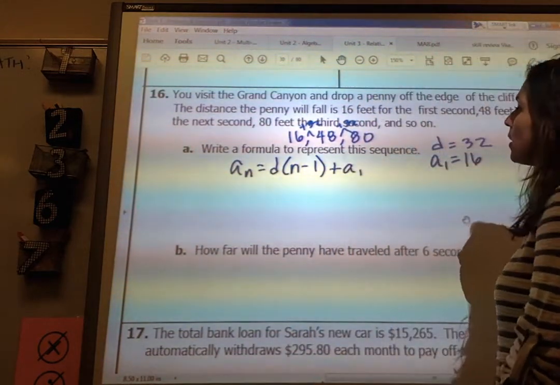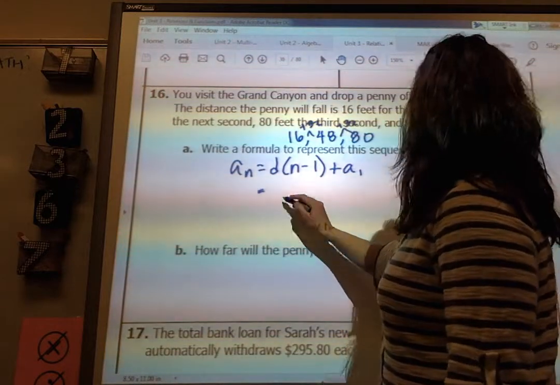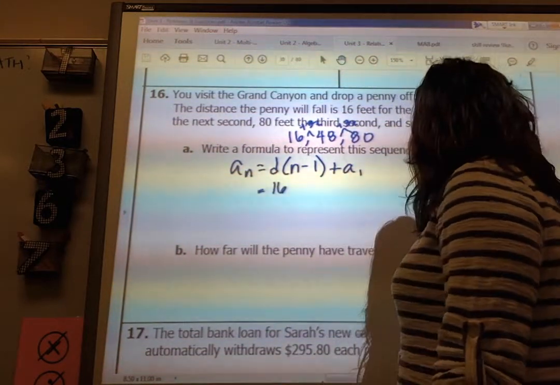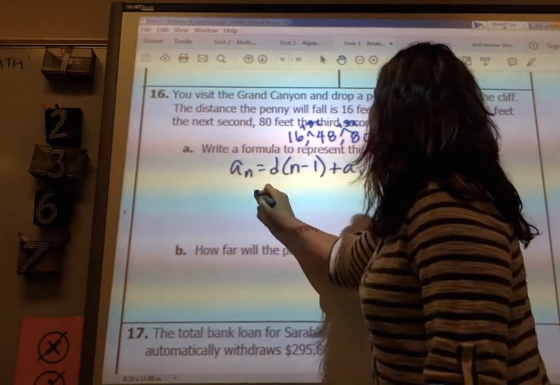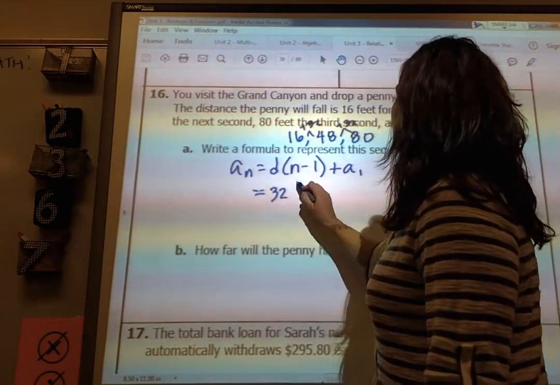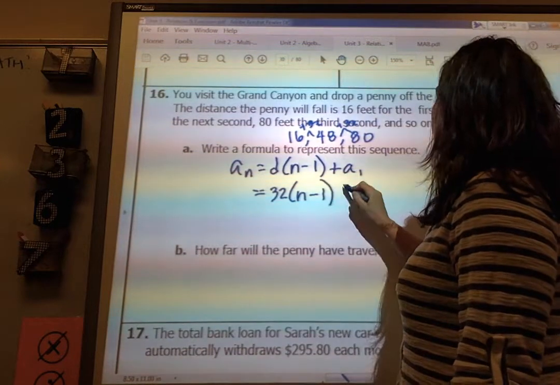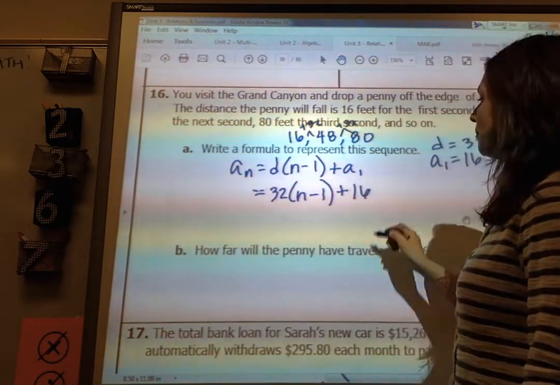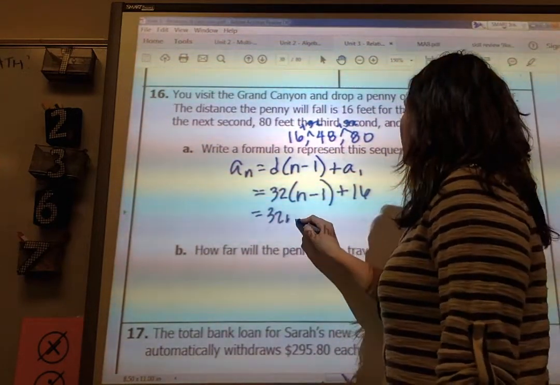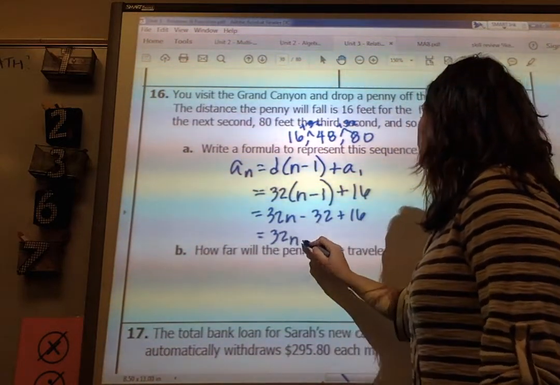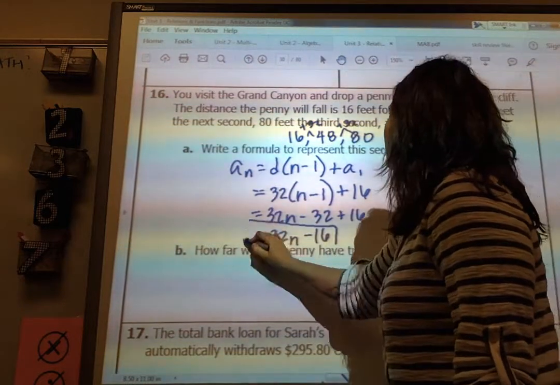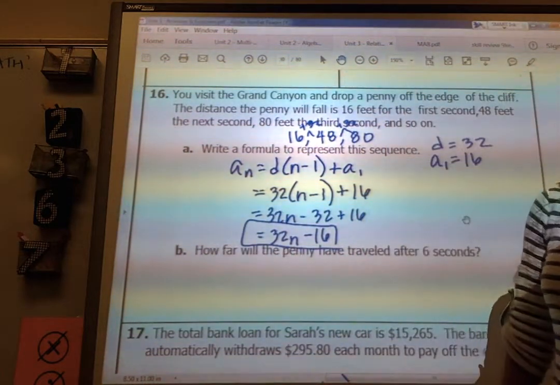There's my formula. So the common difference is 16. No, it's not. The common difference is 32. Stop talking. I can hear y'all. The common difference is 32. N minus 1 plus 16. So I have 32n minus 32 plus 16. So my rule is 32n minus 16. So that is my rule.